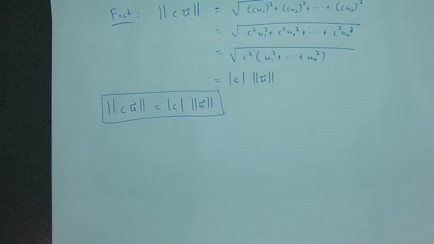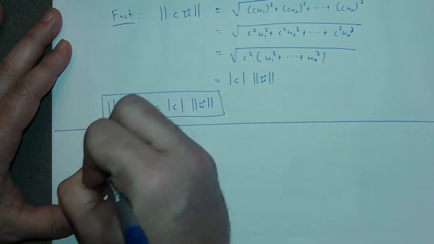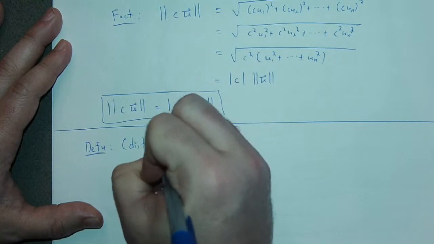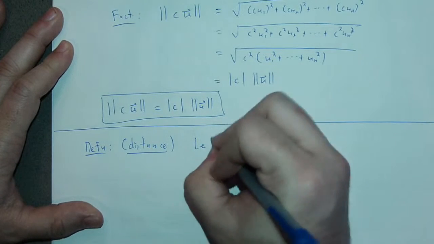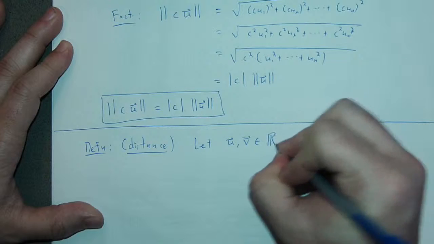Now, we can use this to define distance. Now that we have length, we can define distance. So here's the definition of the distance between 2 points. Let u and v be vectors in Rn.